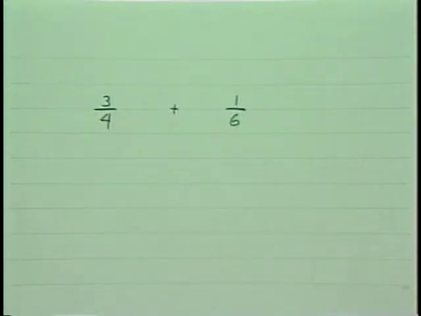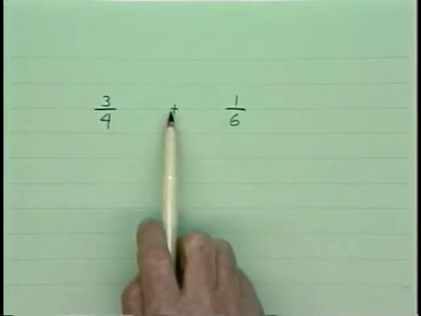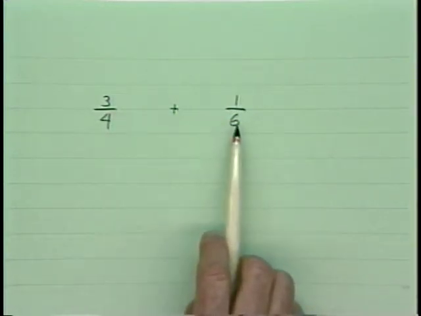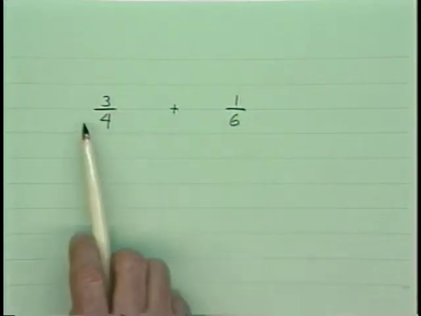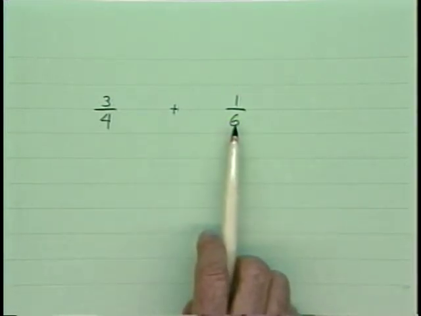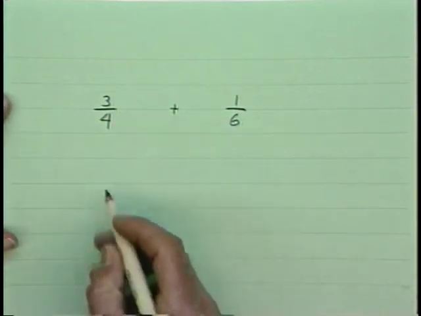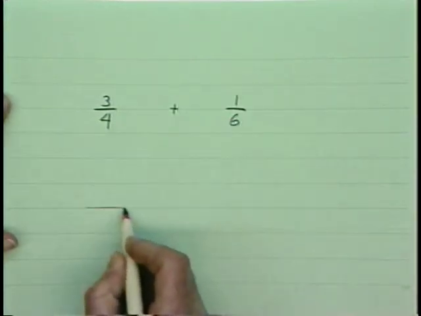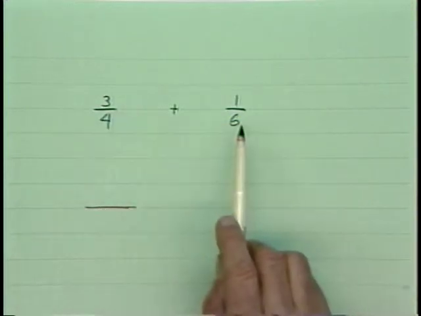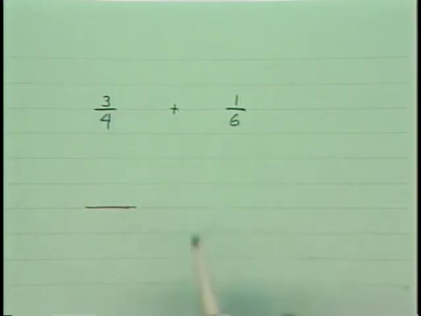Then we moved on to the question of what happens if we're adding fractions whose denominators are not the same. Well, if they are not the same, as such, we do not have permission to add yet. But then we ask ourselves, what's the lowest number both 4 and 6 will each divide into?